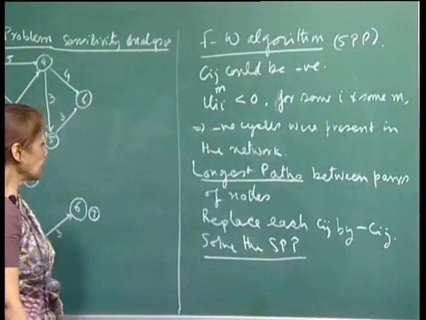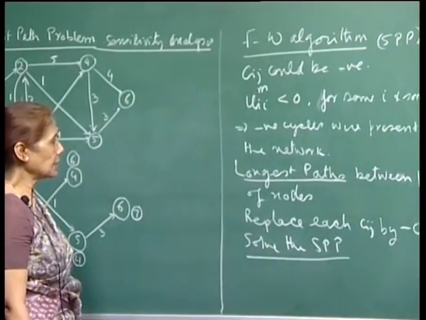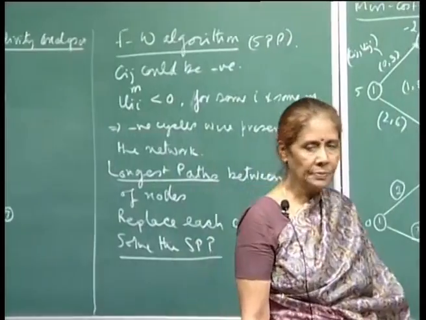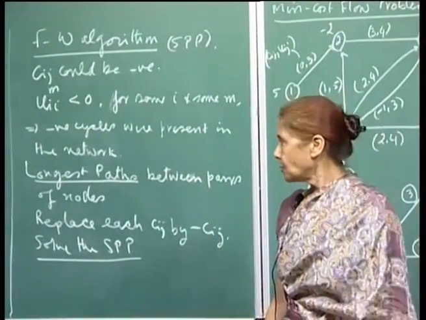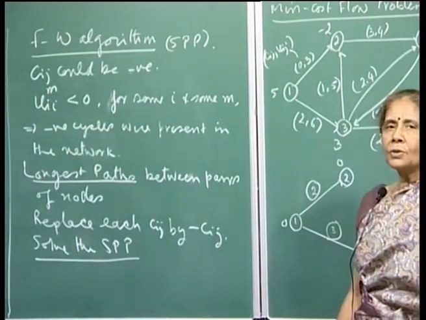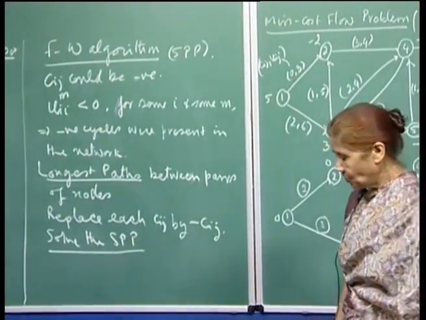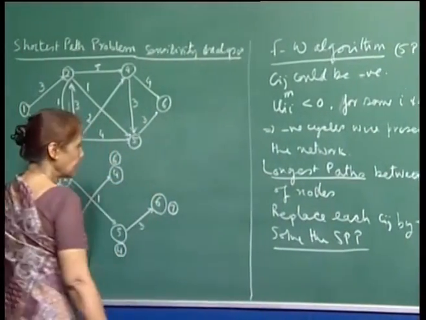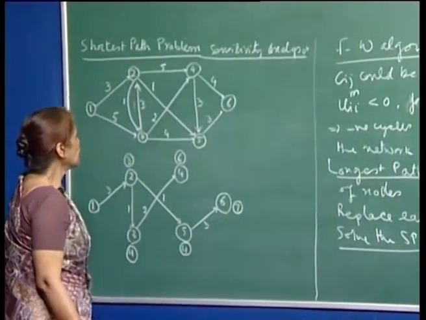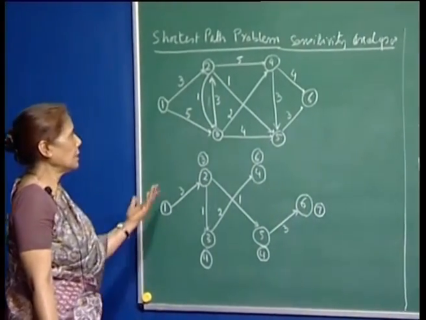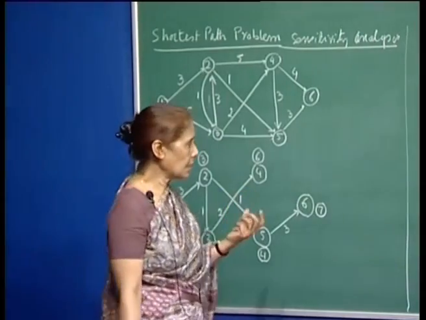Then the other aspect that we want to look at now is, since we have discussed the min cost flow problem, we have discussed the shortest path problems, I want to now look at the sensitivity analysis or the post optimality analysis for these problems. So, for the shortest path problem, the only thing to change is the Cij for a particular arc, right.